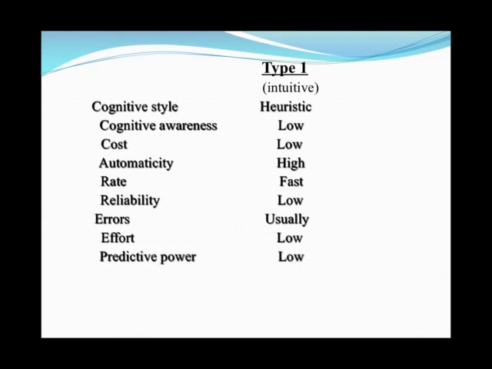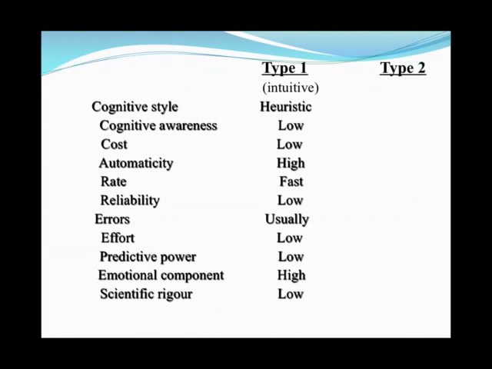Predictive power is the same thing as reliability. It's not very reliable, and it uses a lot of emotions. How the doctor's feeling at the time could easily play a role in his diagnosis. And obviously, it's not very based on scientific thought or analytical reasoning.